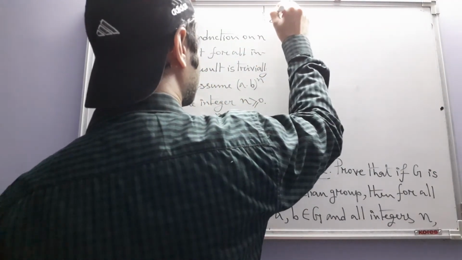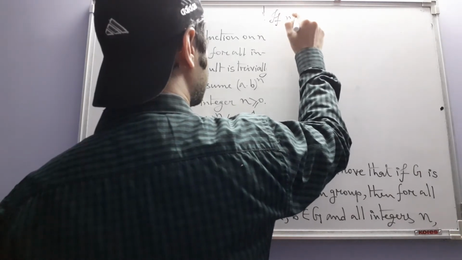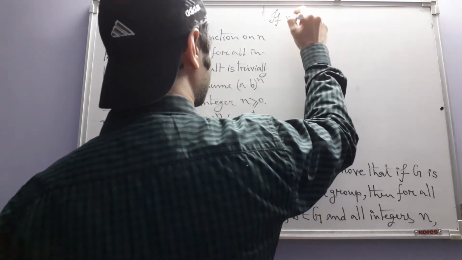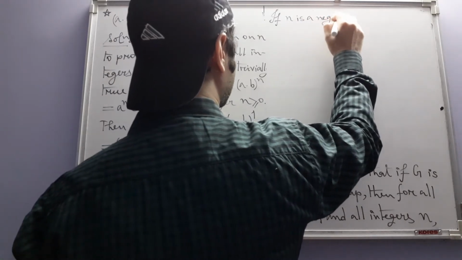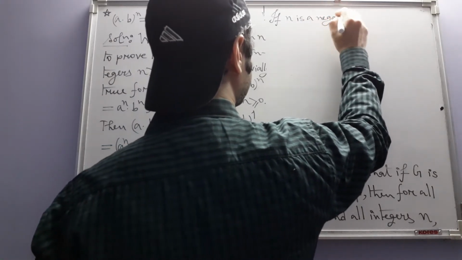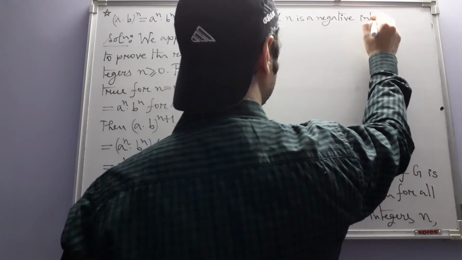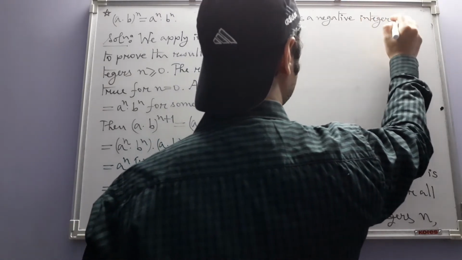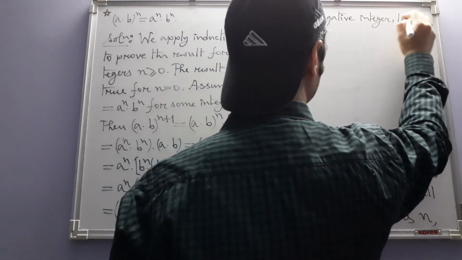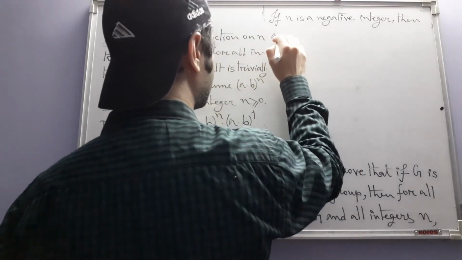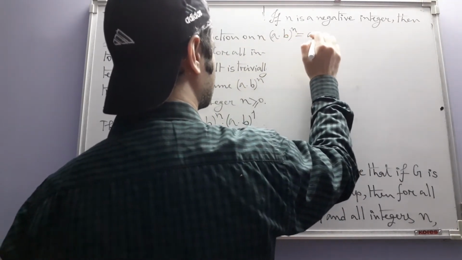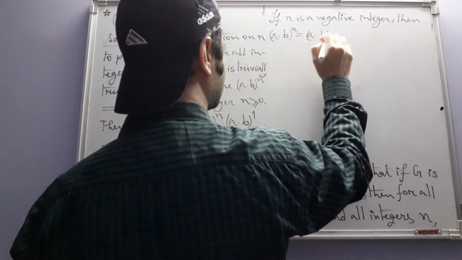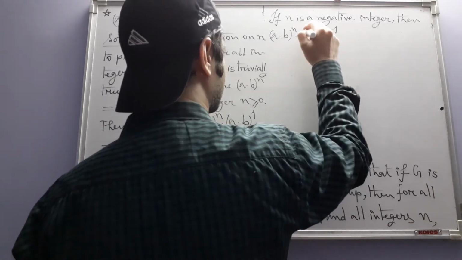If n is a negative integer, then a dot b to the power n by definition is a dot b inverse whole to the power n.